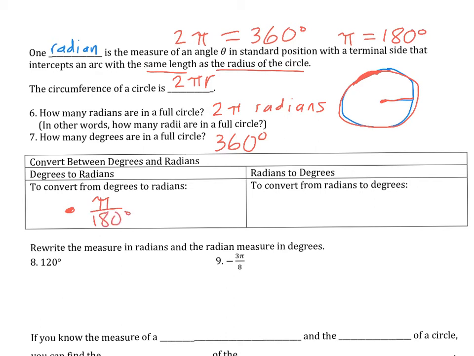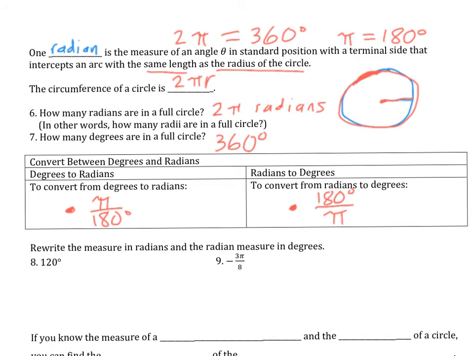Because you want degrees to cancel out, the degrees goes on the bottom. Now if you're in radians and you want to convert from radians to degrees, the radians needs to go on the bottom because you want the radians to cancel out. So you'd multiply by 180 degrees over pi.